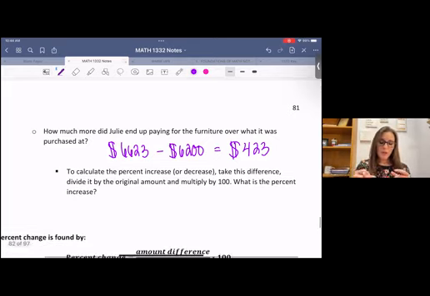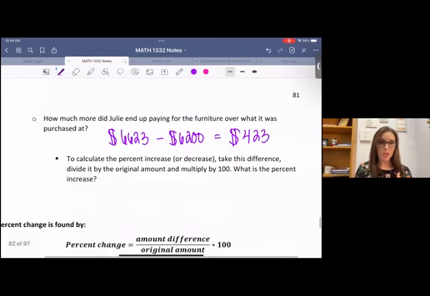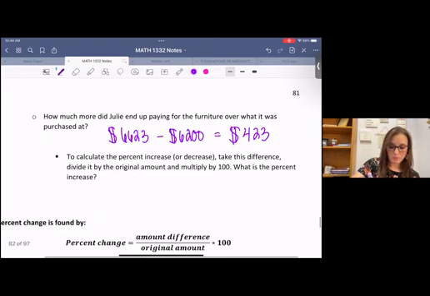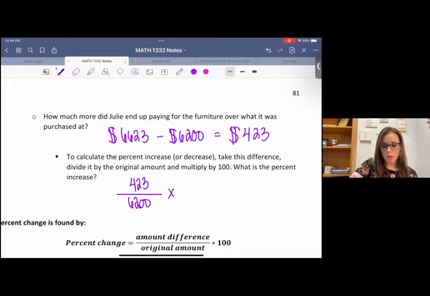And then if we wanted to figure out the percent change, percent increase or decrease, depending, this is an increase because she paid more. We're going to take that difference. We're going to put it over the original amount. And we're going to multiply by 100 to convert it to percent.